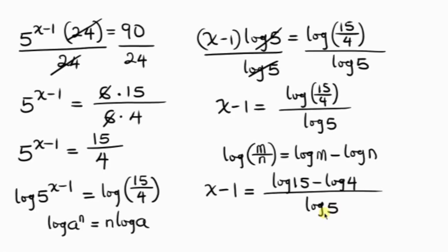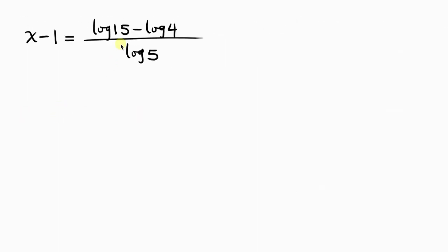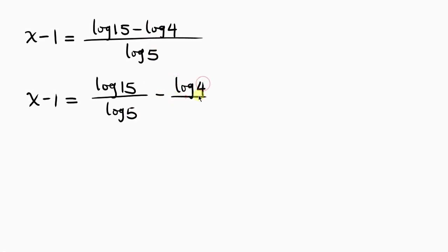Very good. Now, our next step will be for us to separate the fraction on the right-hand side. So we have x minus 1 on the left to be equal to log 15 all over the denominator, log 5, minus log 4 all over the denominator, log 5. Very good.